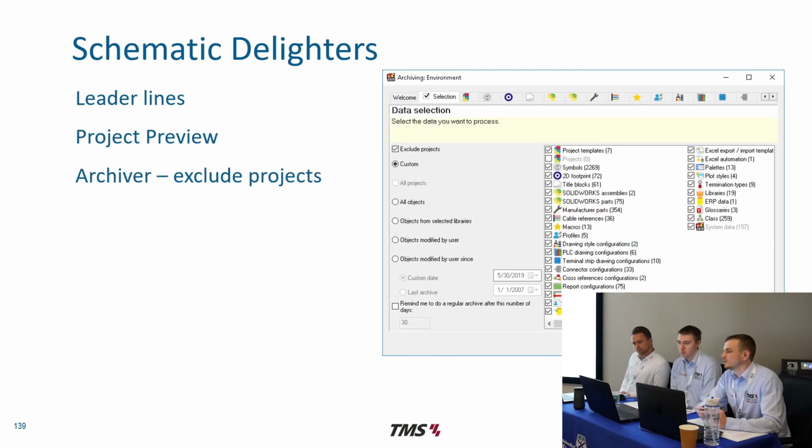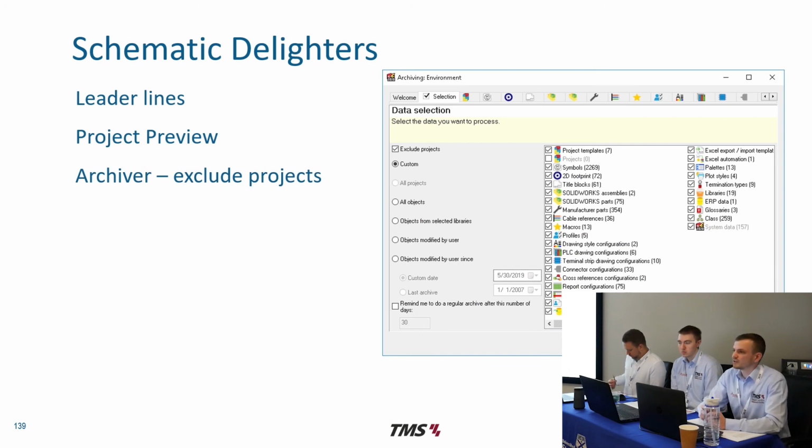We also have a new addition when it comes to archiving our environment in there. And this little addition is excluding projects from your archive environment. Now, you might think this is a little bit of an odd addition, but the main reason for it is if you use SOLIDWORKS Electrical in collaboration with PDM, what you often try to do is constantly have an archived environment, essentially a backup you're trying to create.